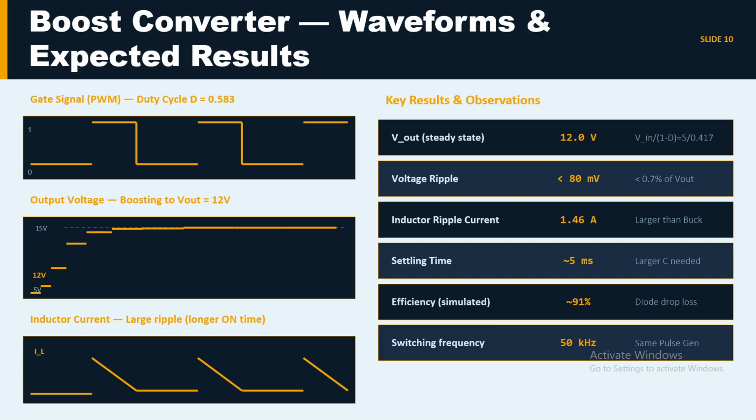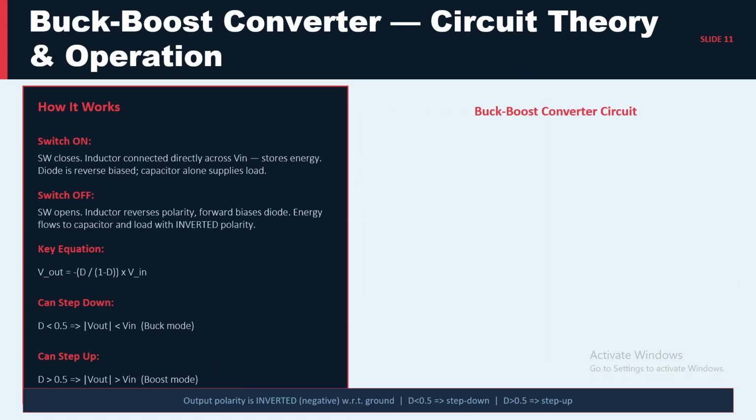Now you understood the buck converter. After that, we have understood the boost converter. So here we are working with the buck boost converter. See here, when the switch is on, the switch is closed, the inductor is connected directly across the input voltage.